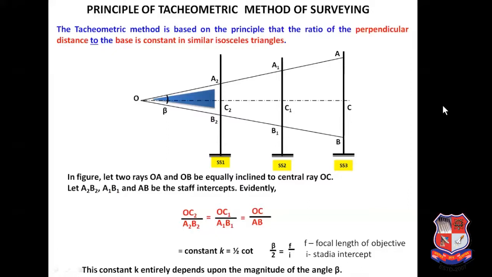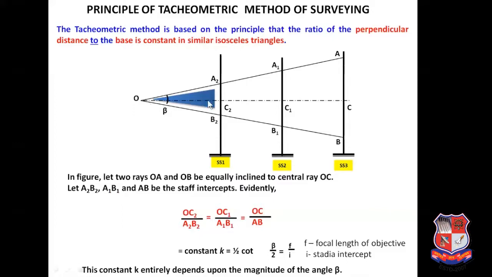Now the principle states that the perpendicular distance to the base is constant. So first consider the triangle OA2B2. The perpendicular distance is OC2, and the base in this triangle is A2B2. So perpendicular distance upon base is constant.